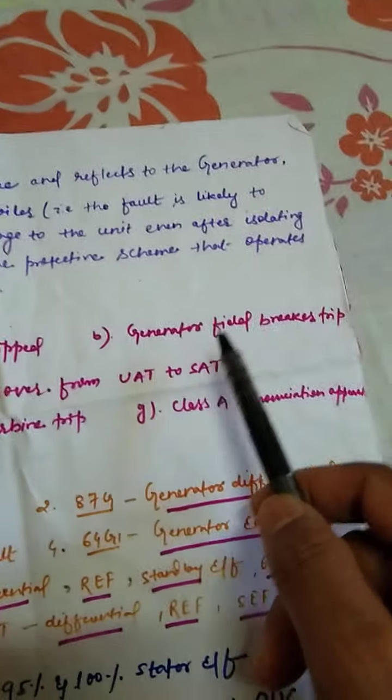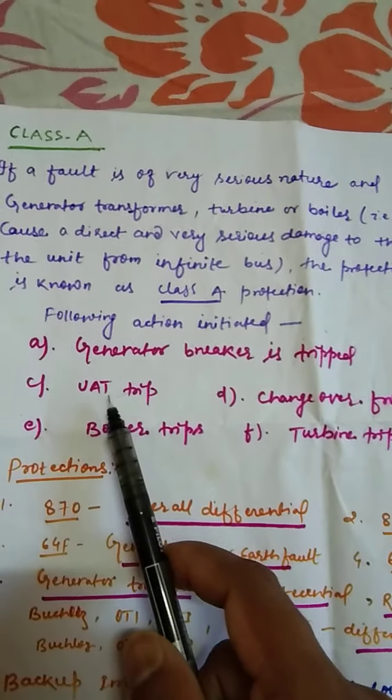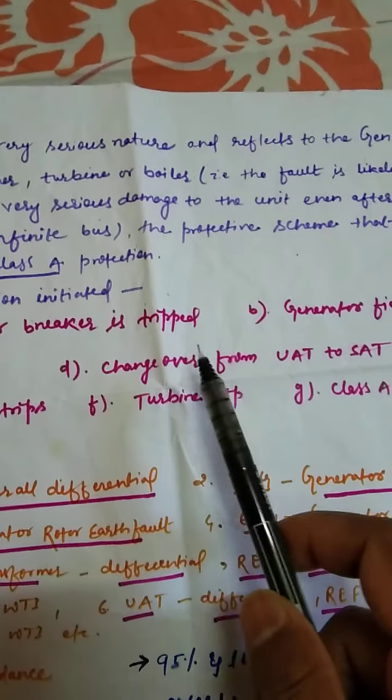So the generator field breaker needs to be tripped. UAT trips, changeover from UAT to SAT happens, boiler trips, turbine trips and Class A annunciation appears.